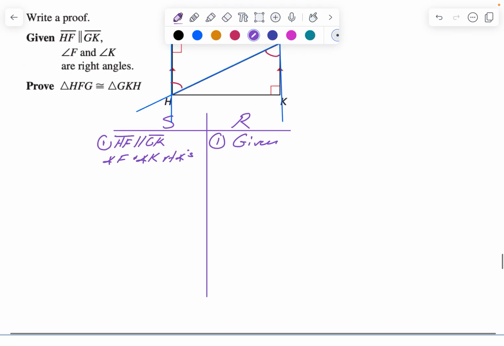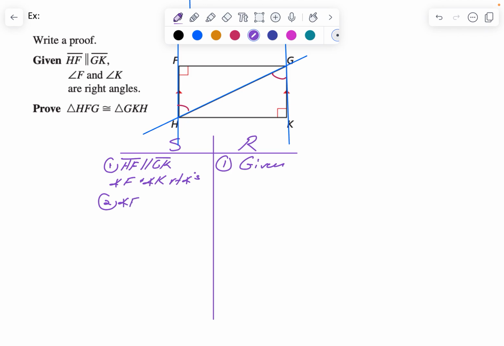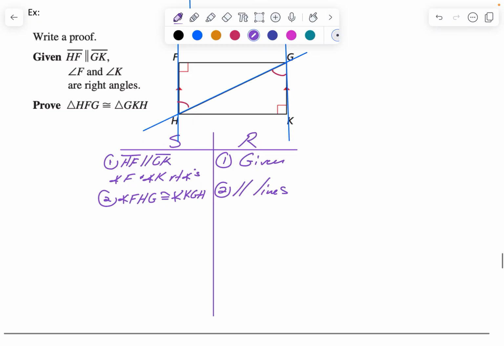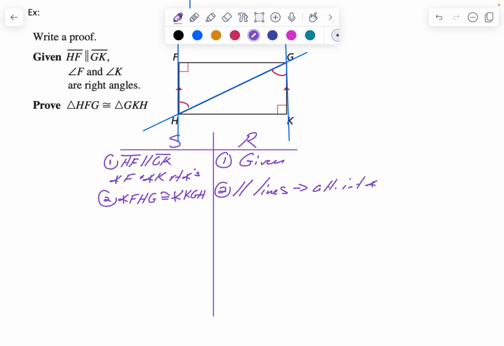So let's say that. We're going to say, for number 2, angle FHG is congruent to angle KGH, and parallel lines, alternate interior angles congruent. All right, let's take away these for now.